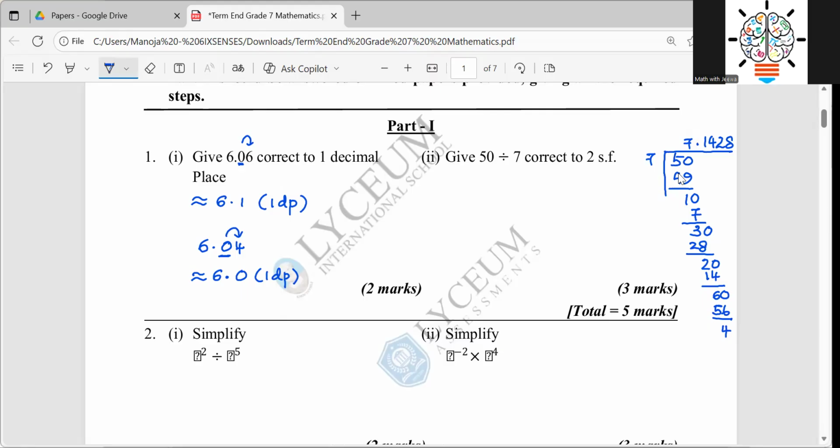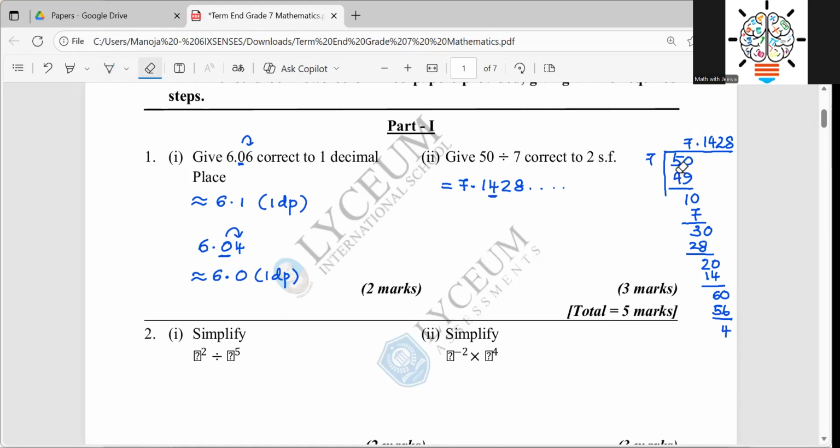But I don't continue because they have asked me to correct it to two significant figures. To correct something to two significant figures, if I have three significant figures, that is more than enough. So the answer here is 7.1428, and we don't know that we have a few other numbers. I didn't complete it. But I mark what is the second significant figure.